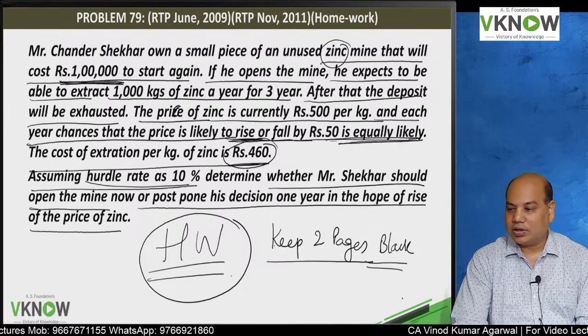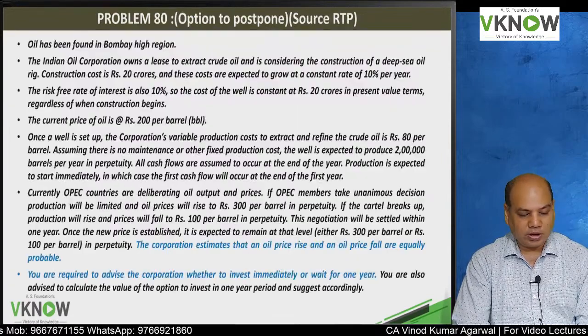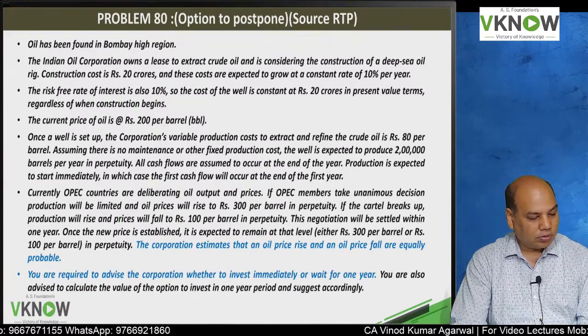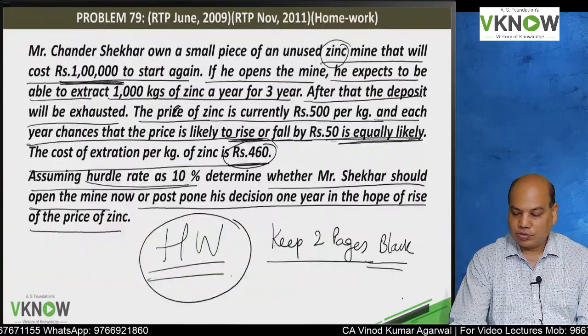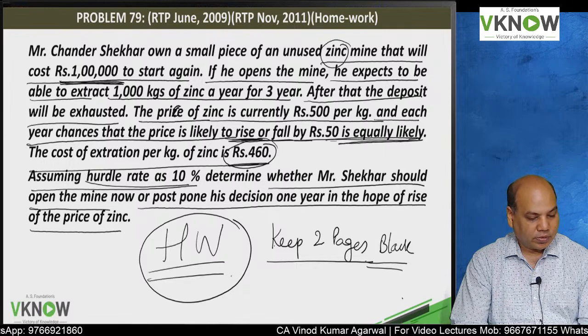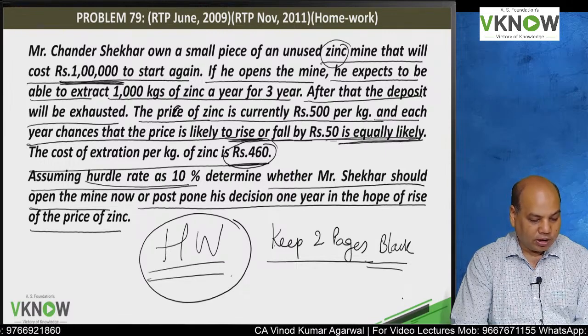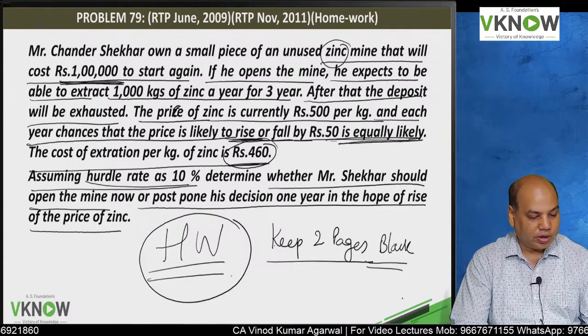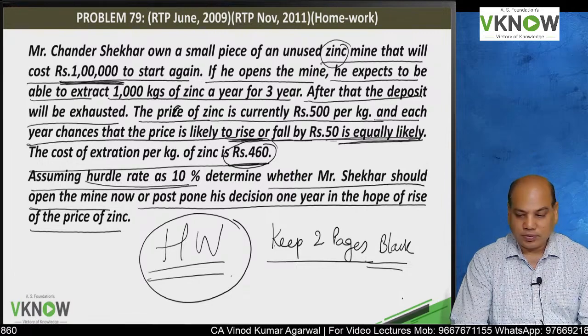If you can get it right, it means you have done it properly. So that was question number 79 for you, homework, which is exactly like 78 part 1. Answer is printed there for your help. If you need the help, you can refer to the answer.